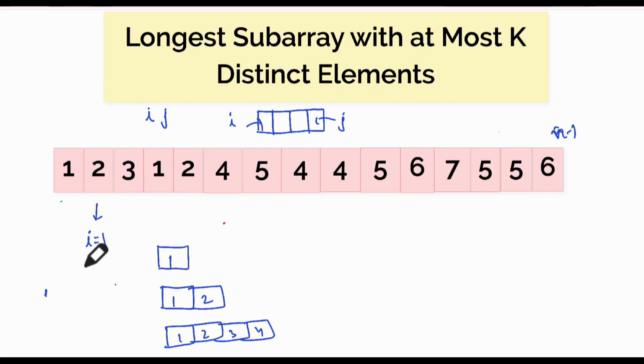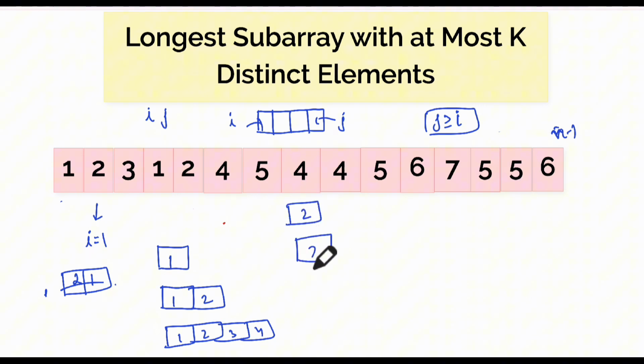So I cannot say that 2, 1 is a valid subarray. j will always be greater than or equal to i. Now what will be the next set of subarrays? They will start from 2. So first will be 2, second will be 2, 3, third will be 2, 3, then 1, then 2, and so on.